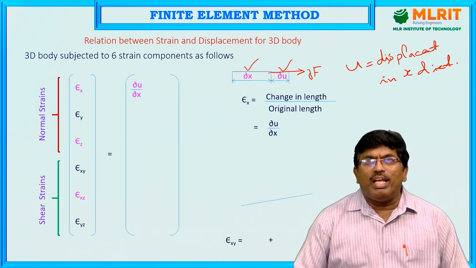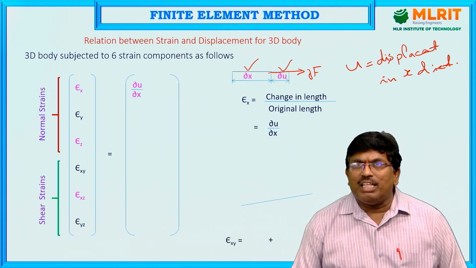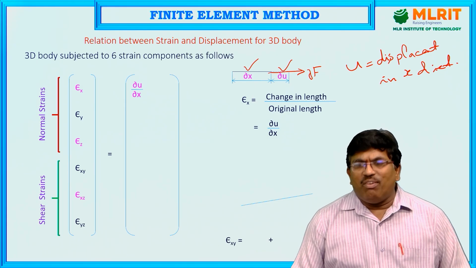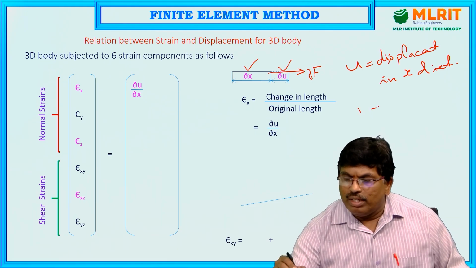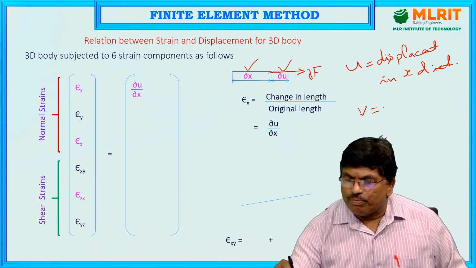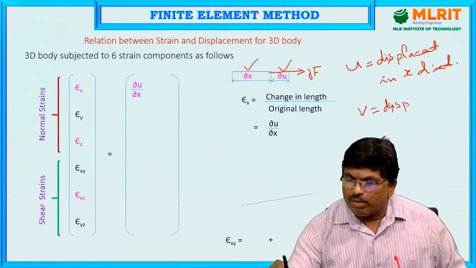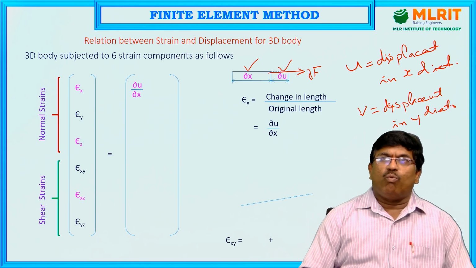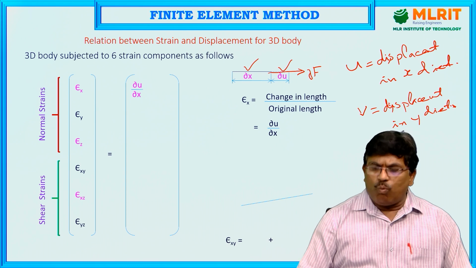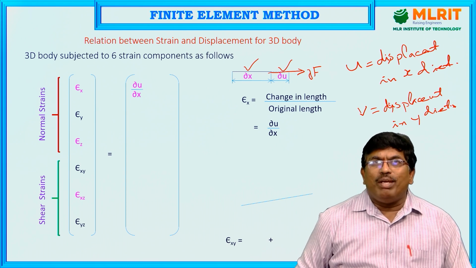Similarly, if you take the y direction, suppose v is the displacement in y direction. Then epsilon y equals dou v by dou y.